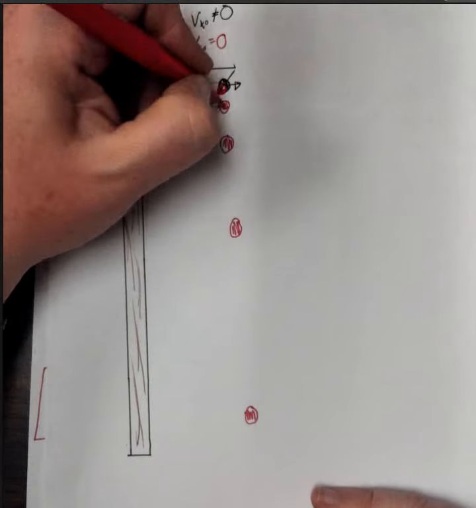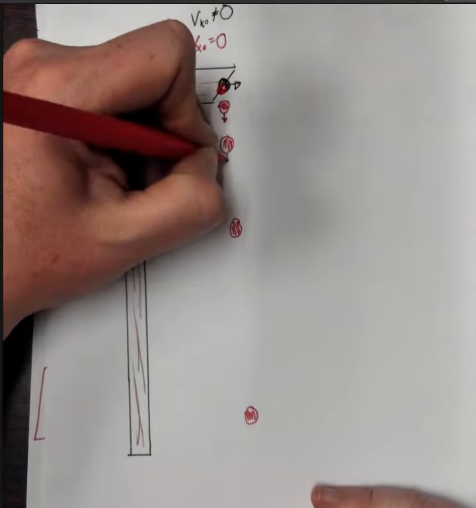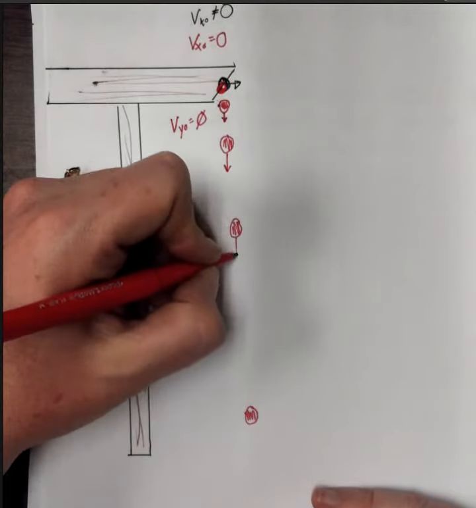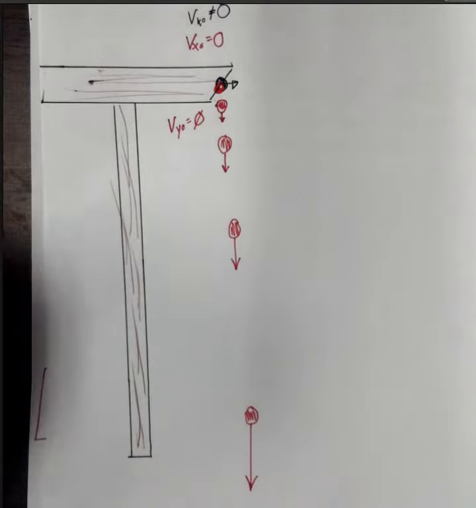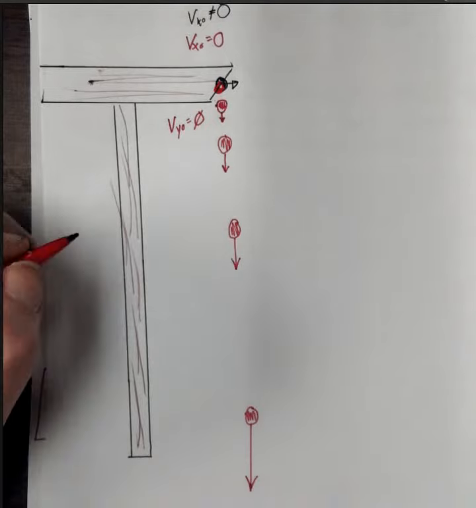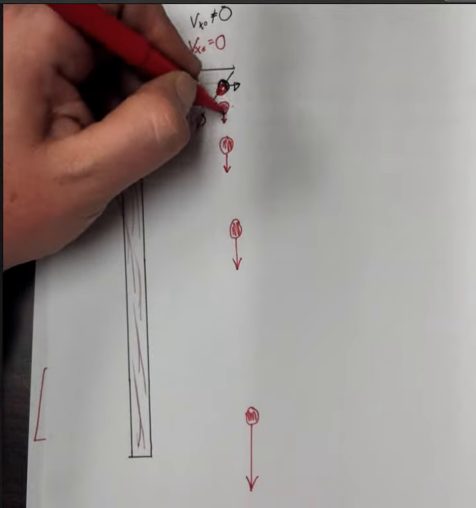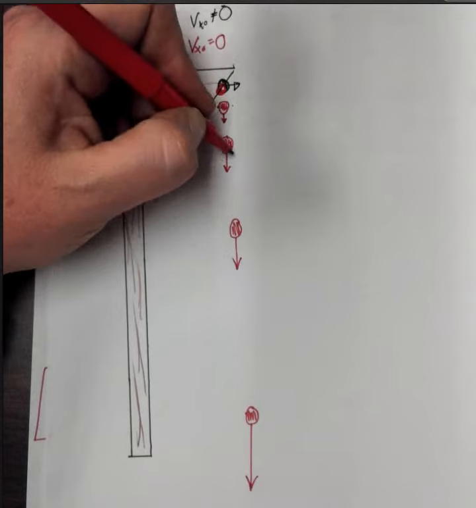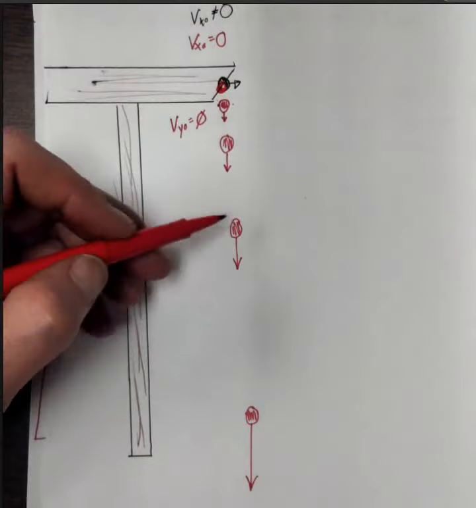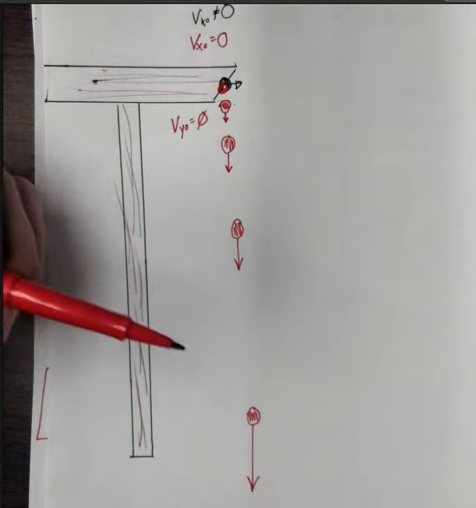So it starts out with no y velocity, but with each increase in time, its y velocity increases, right? So here at point 1, it has some y velocity. Here at point 2, its y velocity is larger because it's accelerating due to gravity, and larger and larger and larger. So it actually is moving the fastest when it makes it to the bottom of the table.